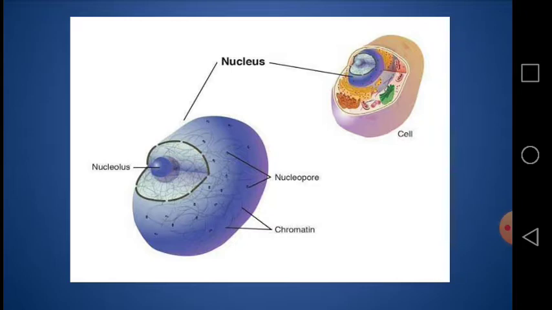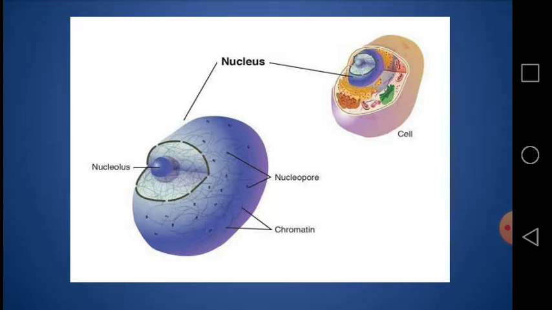And nuclear pores are scattered over the surface of the envelope, and nucleoplasm is also present in the nucleus, which helps to float the chromosomes, and one more structure, the nucleolus. This is a spherical structure found in the nucleus, concerned with the construction or synthesis of the ribosomes.